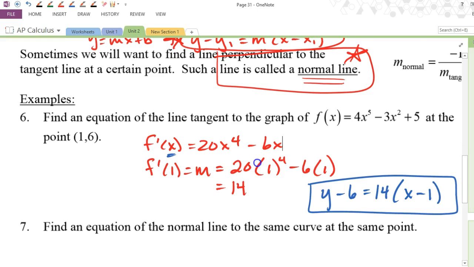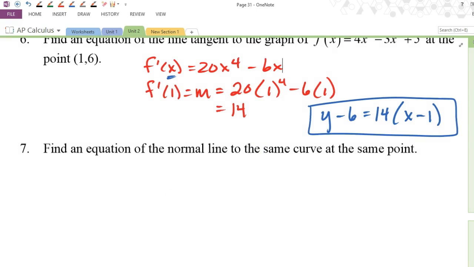All right, so moving down, find the equation of the normal line. What is the normal line again? Perpendicular slope. So what's the perpendicular slope of 14? Negative 1/14. Now I have the same point that I'm going to use, (1, 6).